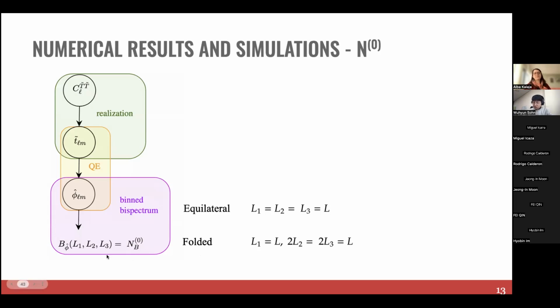However, when you have your binned bispectrum, it contains only N0, because, as I said, you're not really introducing any lensing in your map. You're just changing the variance of your map by the power spectrum, basically. So you just have a map with a different variance. And then you have a Gaussian realization, which means that you don't have any non-Gaussianity in it. So you only have N0.